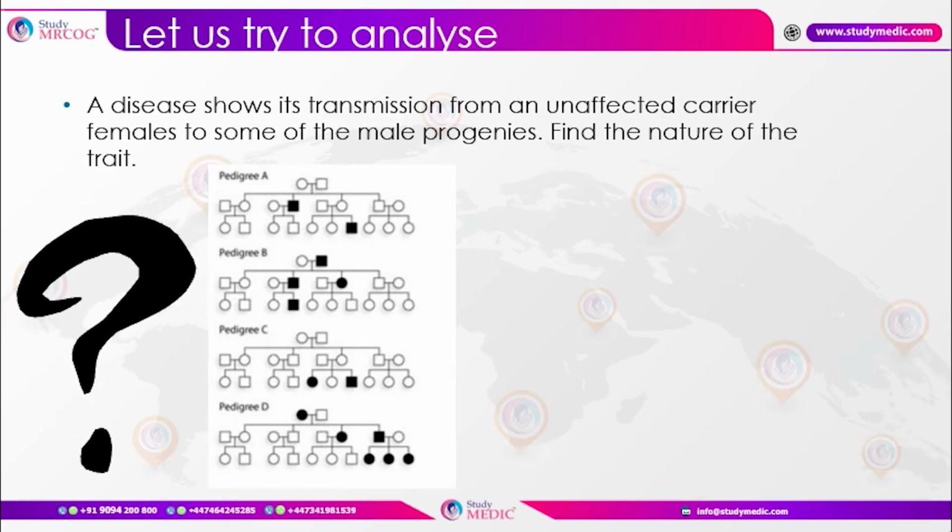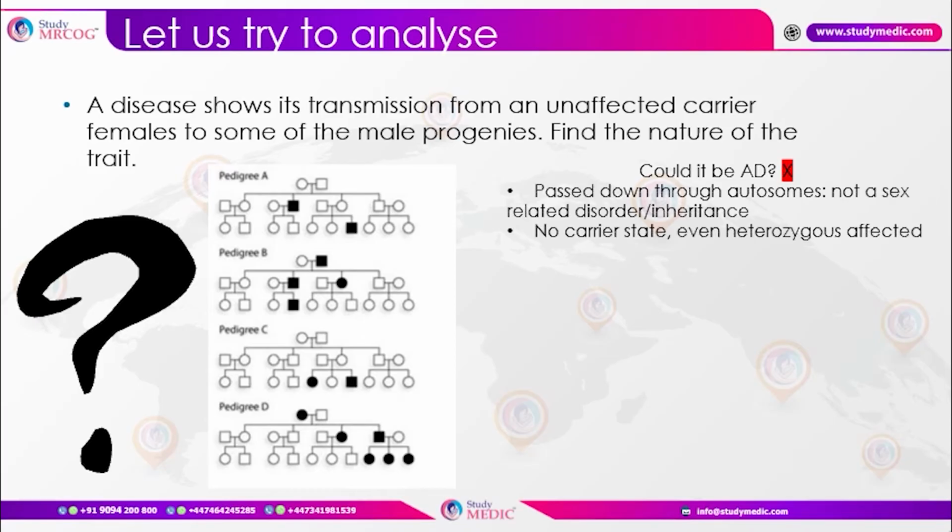A disease shows its transmission from an unaffected carrier female to some of the male progenies. Find the nature of this trait. So now the options will be autosomal dominant, recessive, X-linked dominant or X-linked recessive. So let's take this one by one. Could it be autosomal dominant?